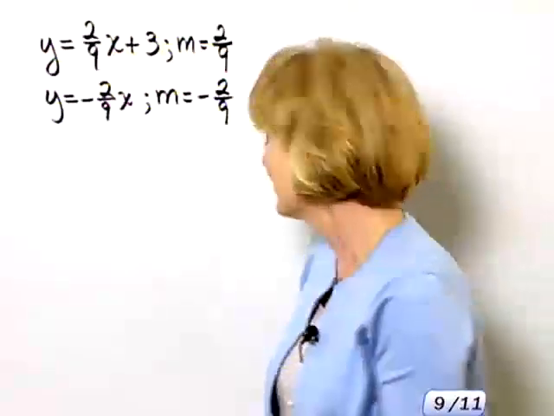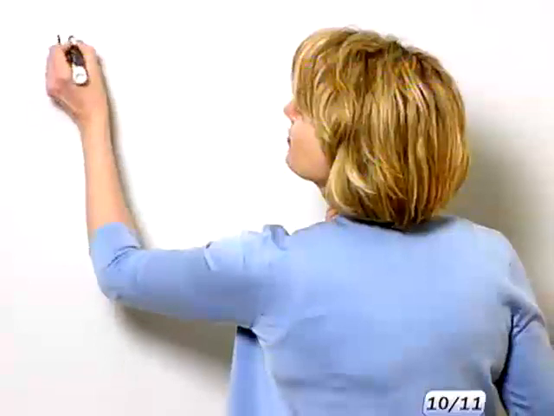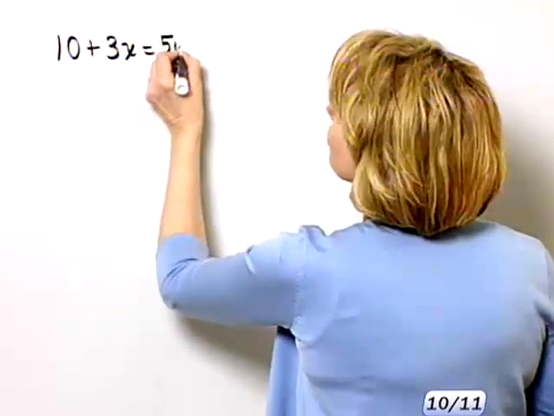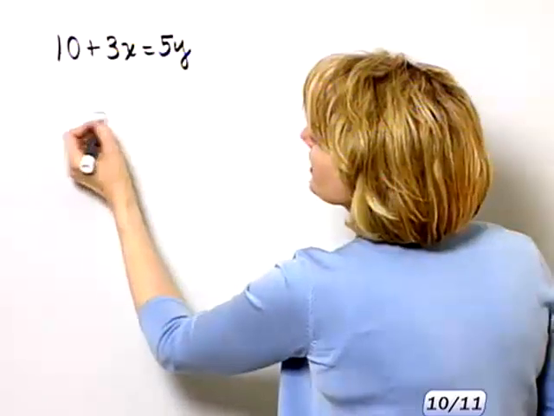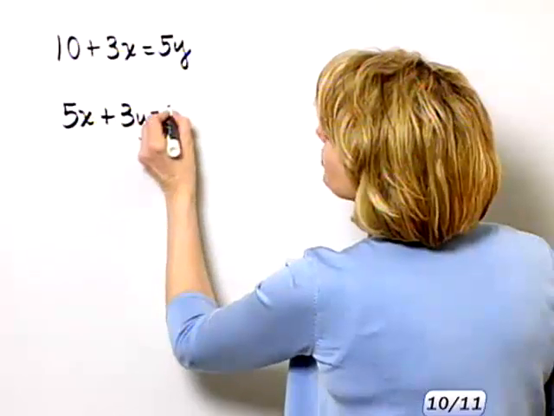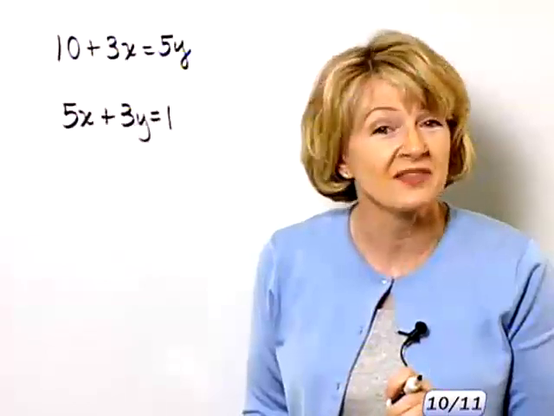Let's try again. Let's look at two lines. Let's suppose I have 10 plus 3x is equal to 5y, and I have, say, 5x plus 3y is equal to 1. I'd like to know about the graphs of these lines.